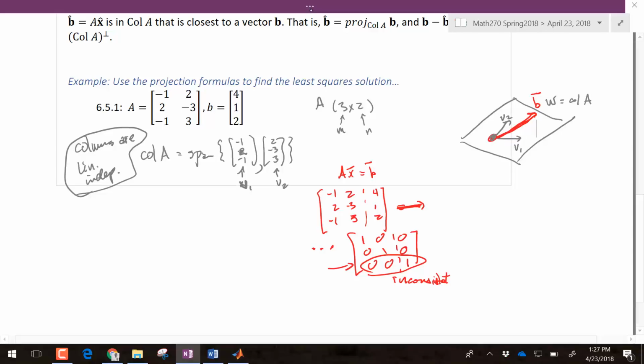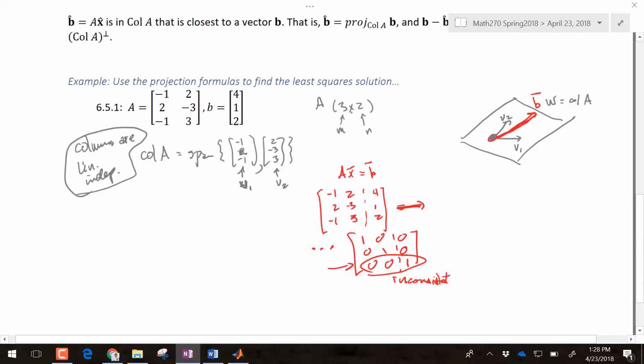By the way, let's go back to the original problem. Since A is an m by n, a 3 by 2 matrix, AX equals B. B clearly is 3 by 1, and A was 3 by 2. So what do you think X is? X is a 2 by 1 matrix, right? This is what I was trying to explain earlier: X actually comes from another space.